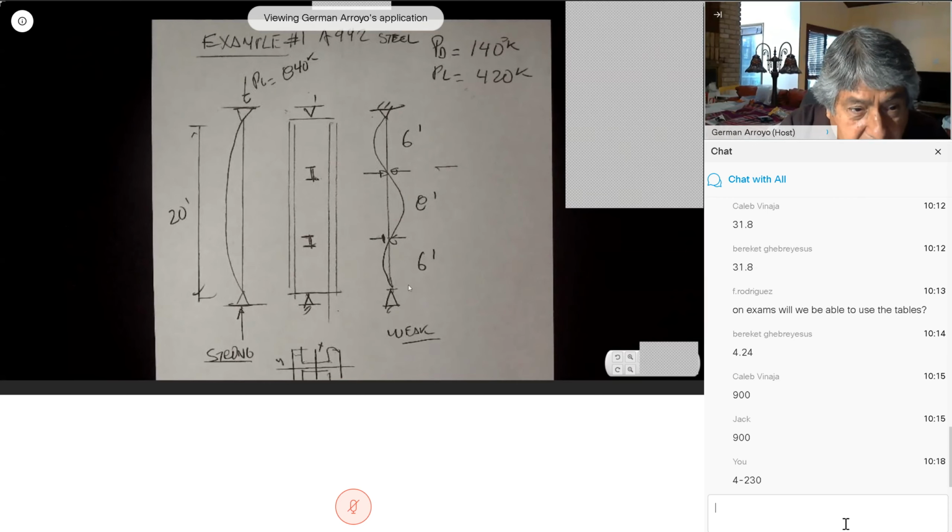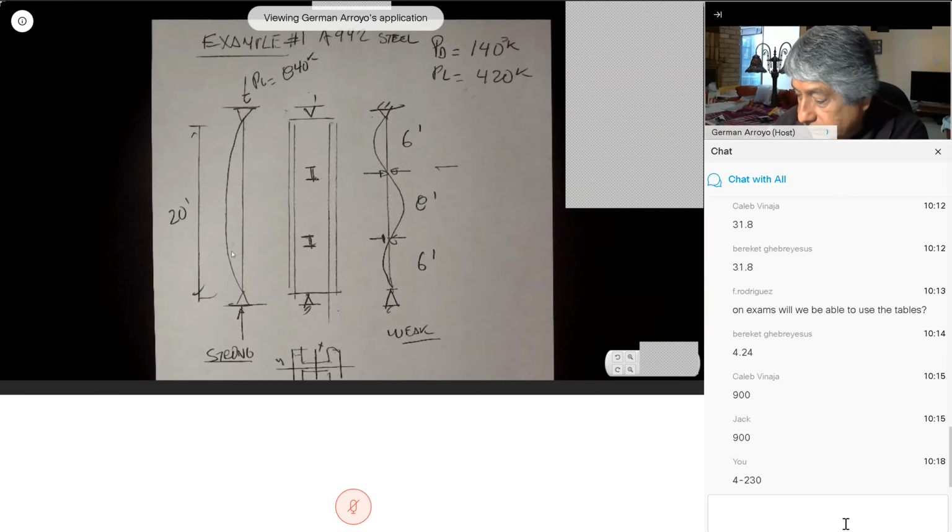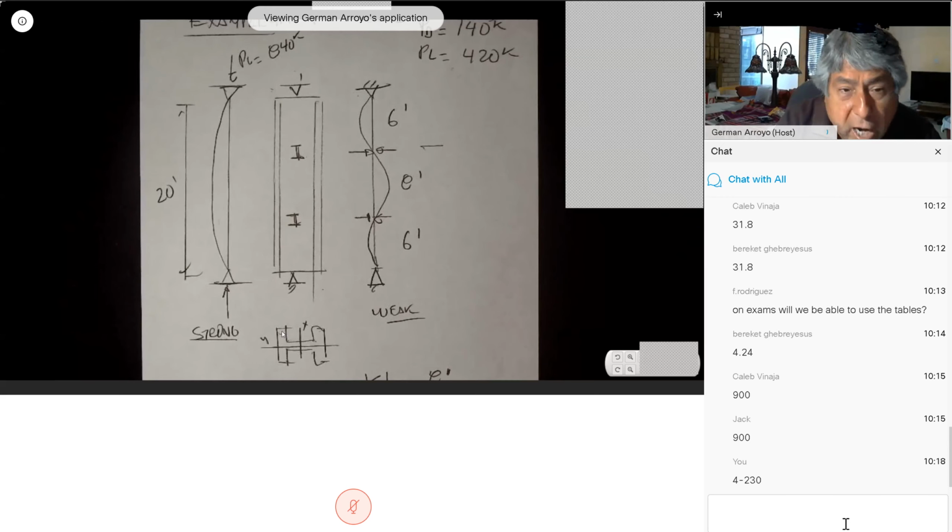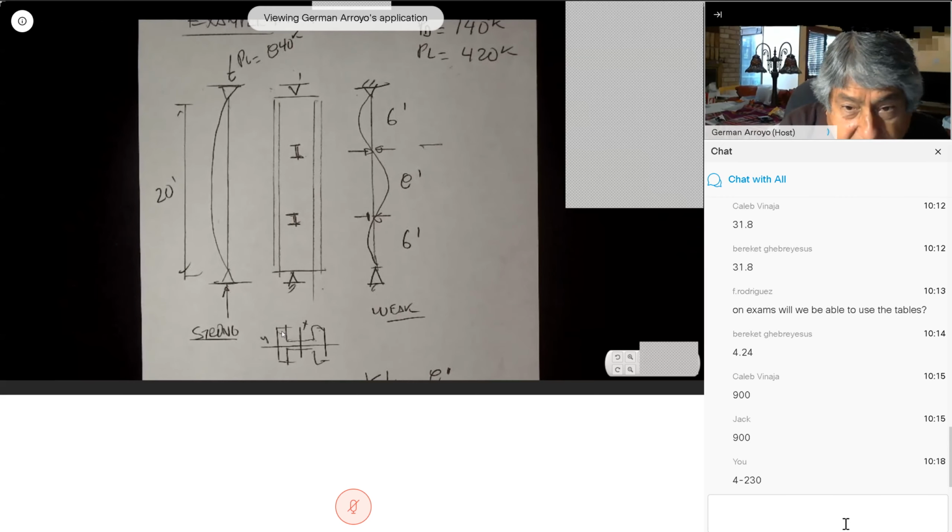And the strong axis is still 20. So whenever we do our design, I want you to pay attention to this very carefully. This is KLY 6. This is KLY 8. This is KLY 6.